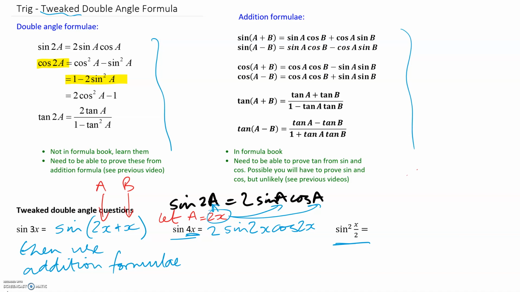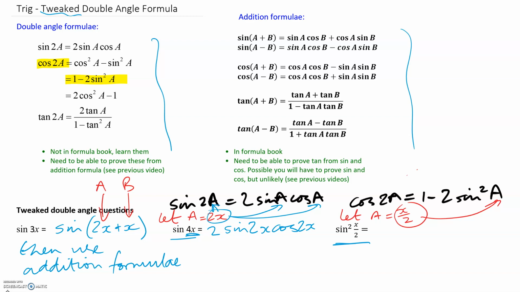So if I write that down, that cos 2a is 1 minus 2 sine squared a. You can see that in this question, if we let a equal x over 2, when we put x over 2 into here, we get the sine squared x over 2 that we need.